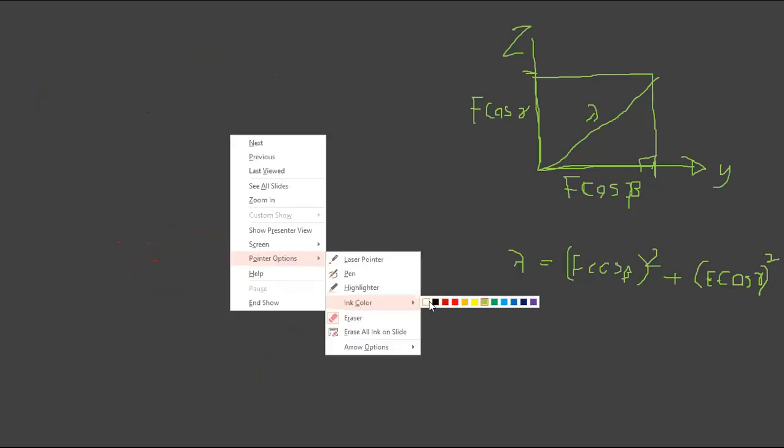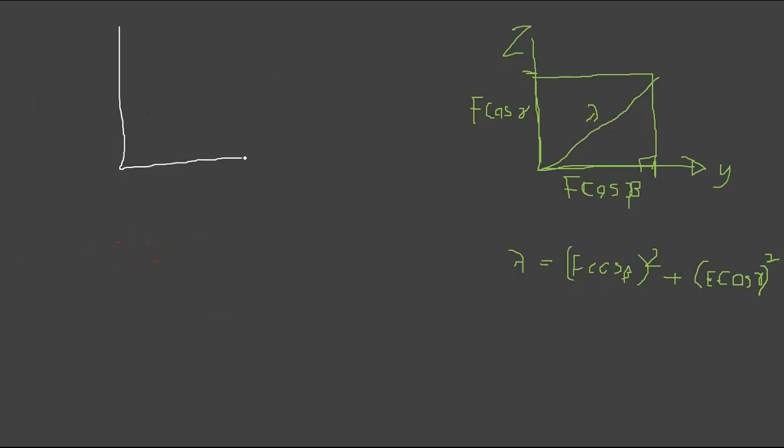Now our remaining axis is the x-axis. So we have this lambda, right? Let's say it's another axis, lambda, where that resultant lies, and this is the x-axis. So we have something like this, whose length is lambda.